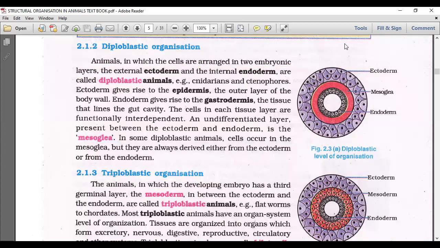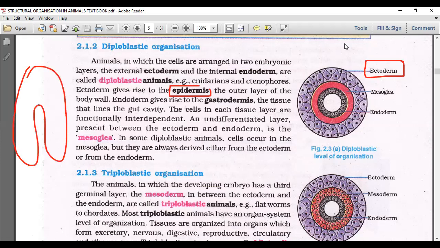The ectoderm gives rise to the epidermis. Remember that ectoderm is the embryonic germ layer. During embryonic development, we find that layer. That ectoderm, which is there in the embryo, develops into epidermis. In the adult, the ectoderm develops into epidermis. Endoderm gives rise to gastrodermis.